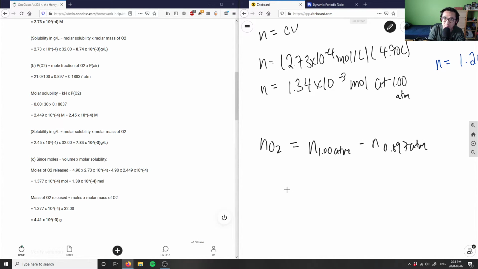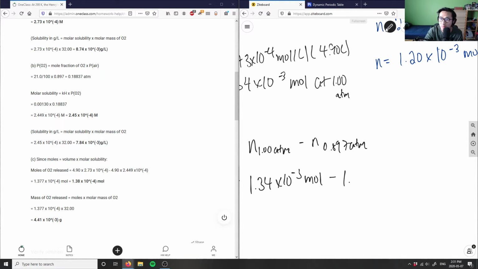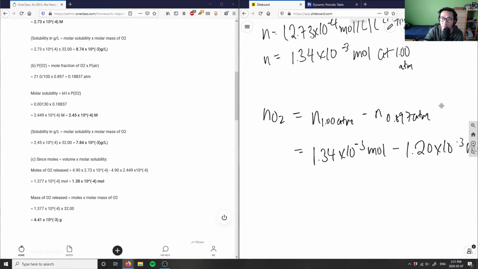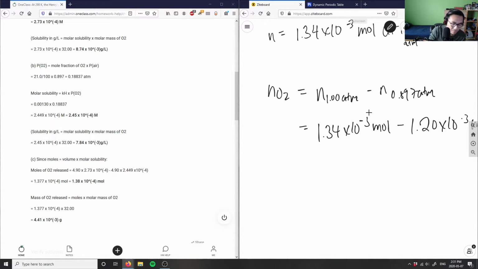This is 1.34 times 10 to the negative 3 moles minus 1.20 times 10 to the negative 3 moles, which gives 1.4 times 10 to the negative 4 moles.